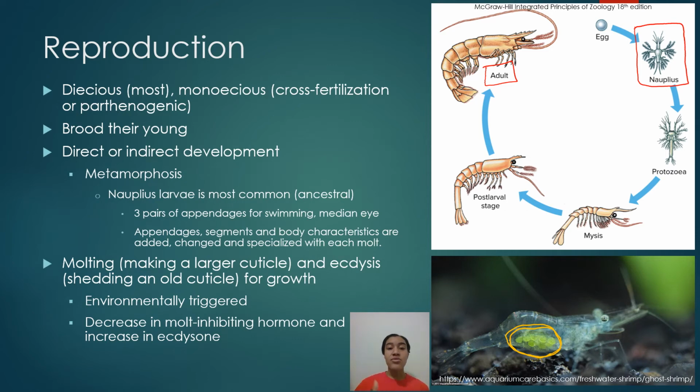So as the levels of ecdysone increase, the organism will start to undergo the ecdysis process and shed its old cuticle. And then after it's finished undergoing ecdysis, the amount of ecdysone in the body will decrease and the amount of molt inhibiting hormone will increase so that it's not constantly undergoing ecdysis.